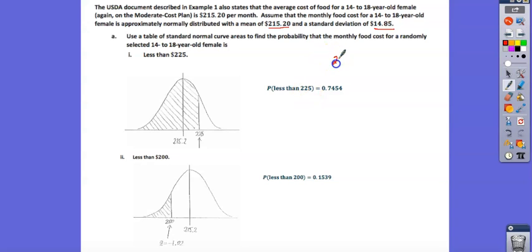I'm going to be doing 225 minus my mean this time, which is 215.20, and my standard deviation is 14.85. That's how I get my z-score, and then I go use the table. This example is exactly like the first one. I've calculated the z-scores, I went and looked at the table, and I get my probability.